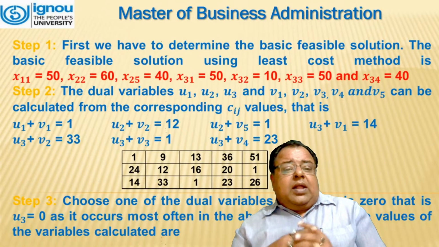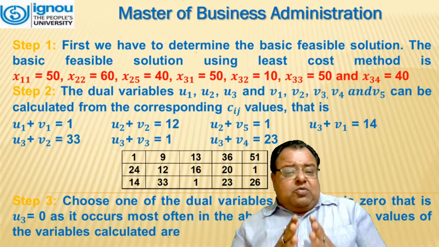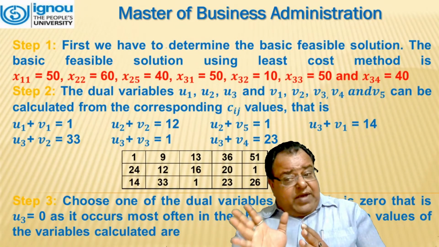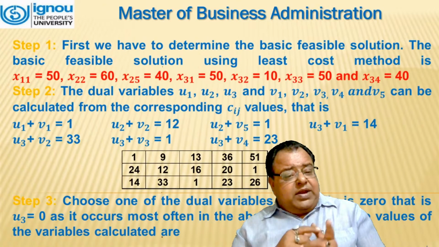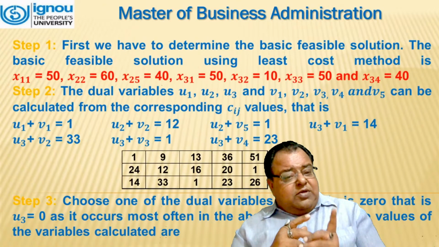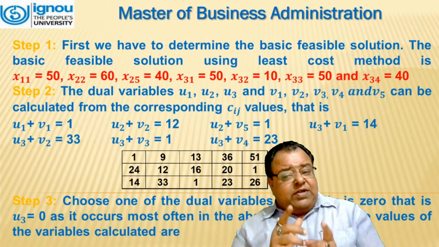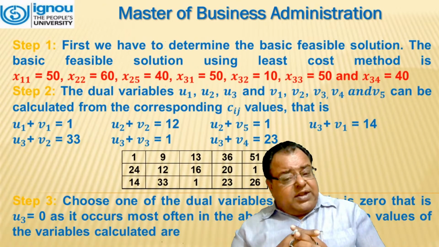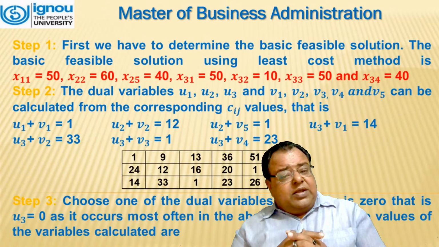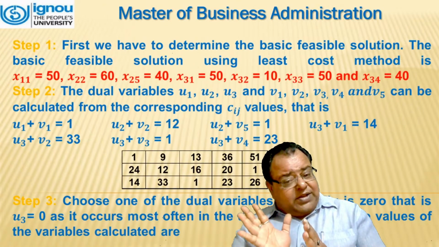Now, the dual variables u1, u2, u3, v1 to v5 can be calculated from the corresponding cij values. That is, u1 plus v1 equal to 1, u2 plus v2 equal to 12, u2 plus v5 equal to 1, u3 plus v1 equal to 14, u3 plus v2 equal to 33, u3 plus v3 equal to 1, u3 plus v4 equal to 23.